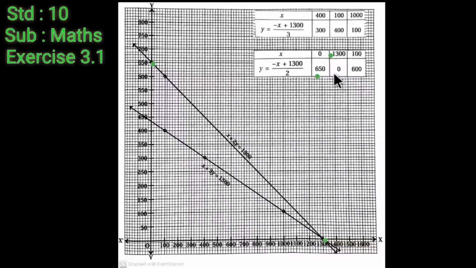So here we plot both points. Afterward, on the x axis 100 and the next point on the y axis is 600. So we plot the point here. If we join all 3 points, they make the same line, a linear line. So x plus 2y equals 1300 is the second equation.